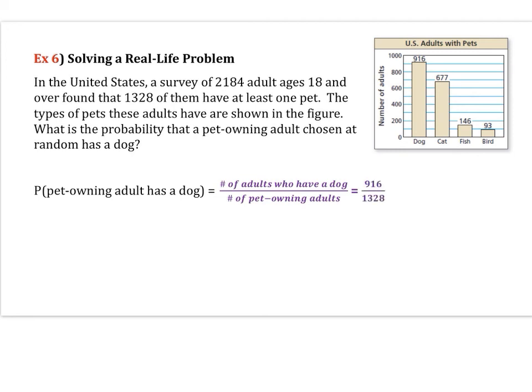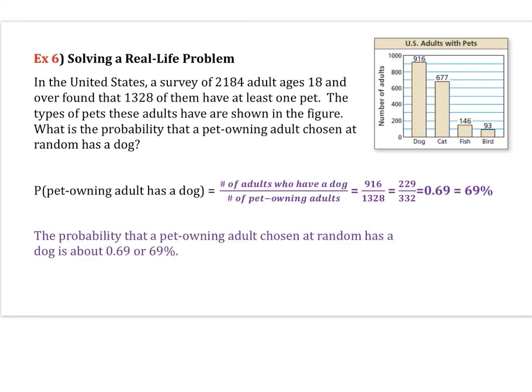And that's 916 out of 1,328. Simplify your fraction always, so 229 out of 332. That converts to the decimal 0.69, which converts to 69%. So the probability that a pet-owning adult chosen at random has a dog is about 0.69 or 69%.